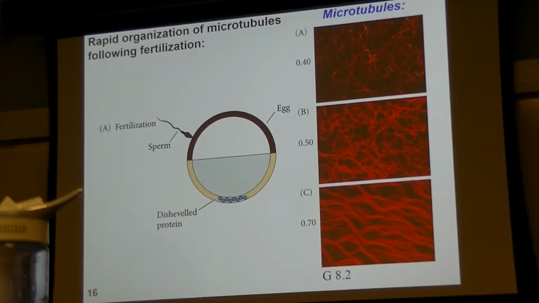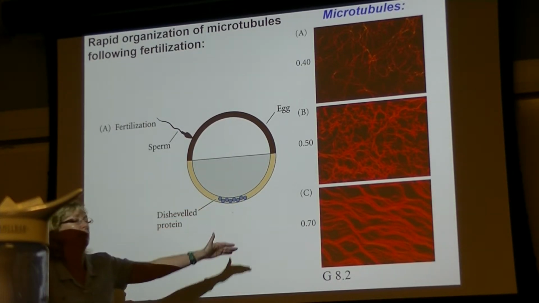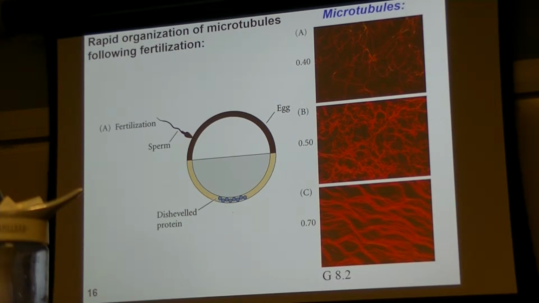And these numbers here, 0.4, 0.5, and 0.7, they refer to the percent of the first cell cycle that has gone past. So from the moment of fertilization, and then 40% of the way through that first cell cycle, at that point the microtubules are basically all in a disarray.